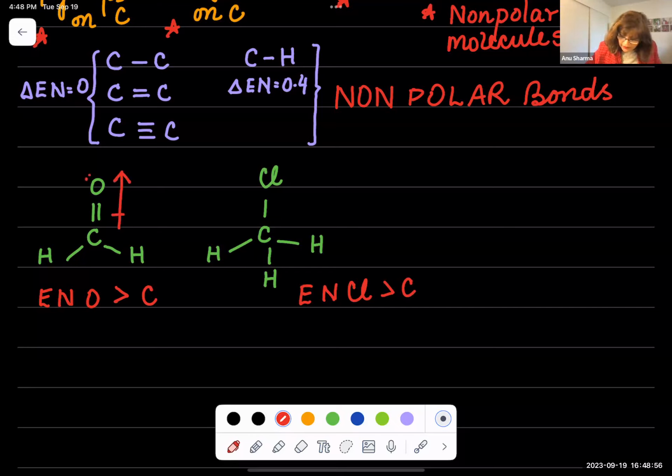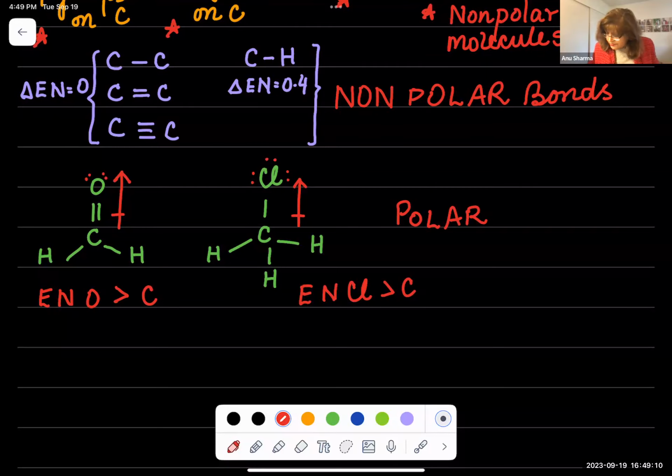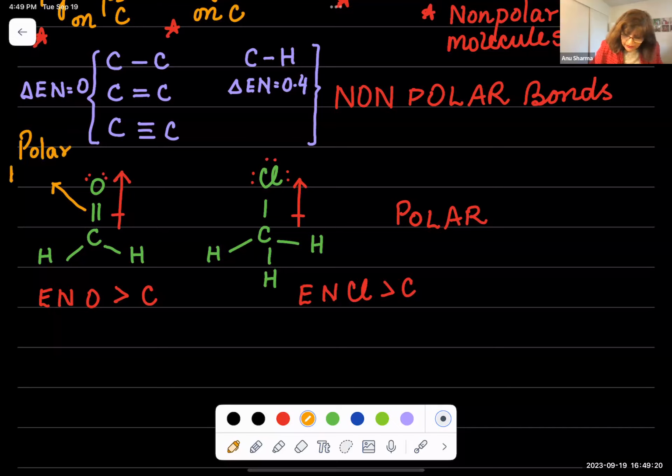And here, the overall polarity is towards the chlorine side. So these are polar molecules overall. Although on one side these are non-polar ends, this is the polar side, a polar bond. Oxygen and carbon is a polar bond. So this is very important.